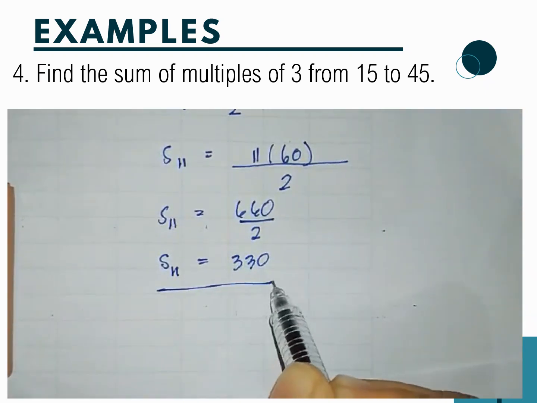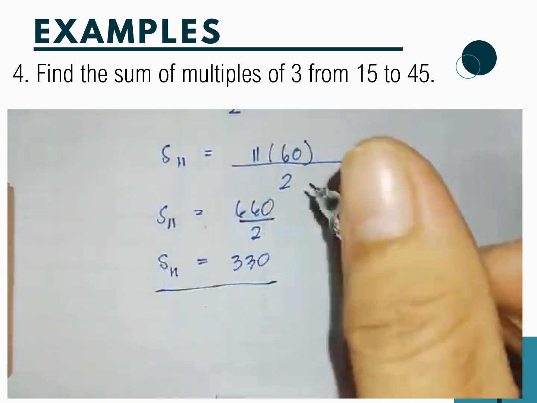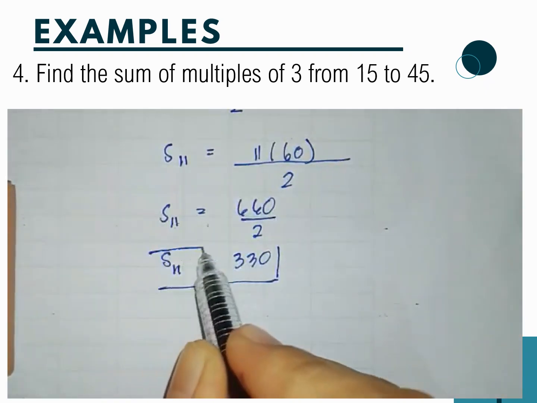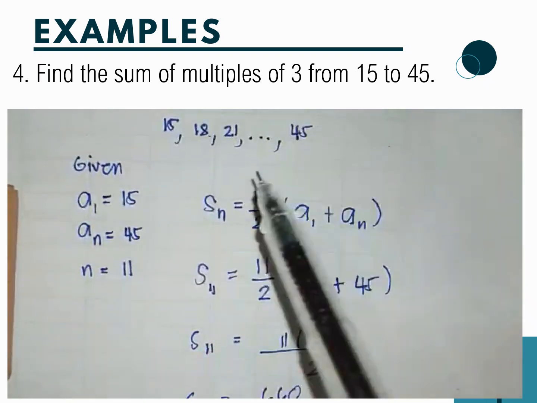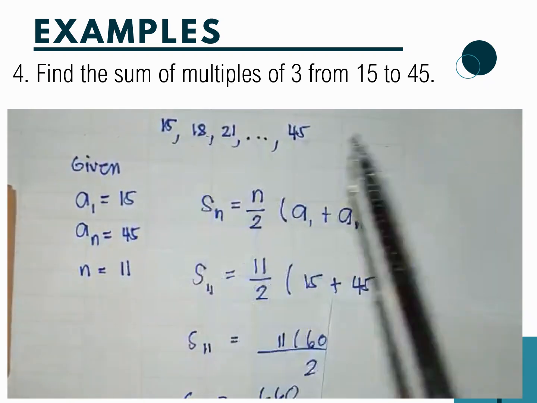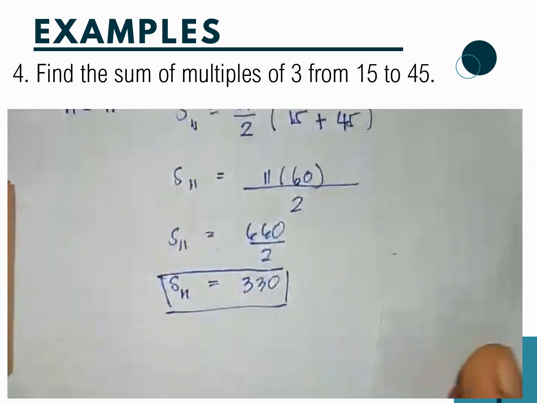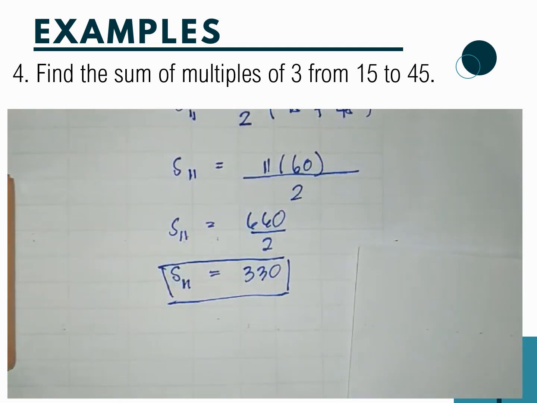So the sum of our arithmetic series from 15 to 45 is 330.